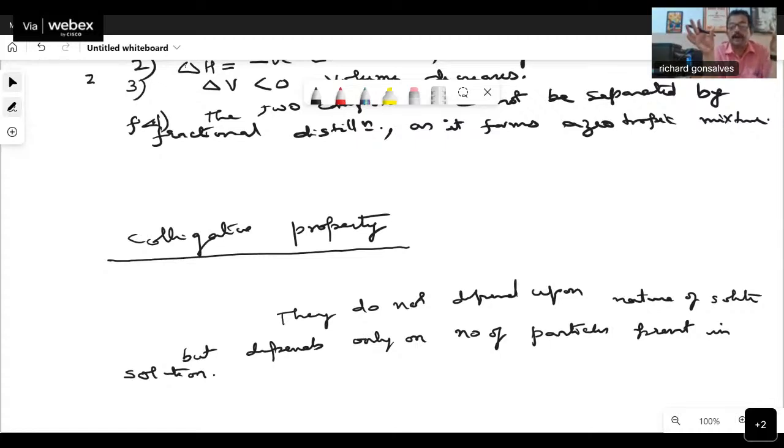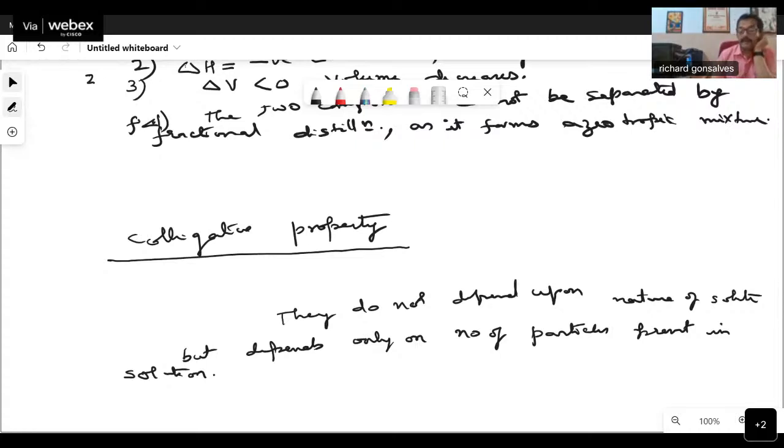These properties will have identical values because both will contain Avogadro number of particles. 1 mole contains Avogadro number of particles. There it contains Avogadro number of glucose molecules. Here it contains Avogadro number of urea molecules. Therefore, these properties depend upon number of particles present in the solution. They do not depend upon whether it is glucose or urea or sucrose. Such properties are called colligative properties.